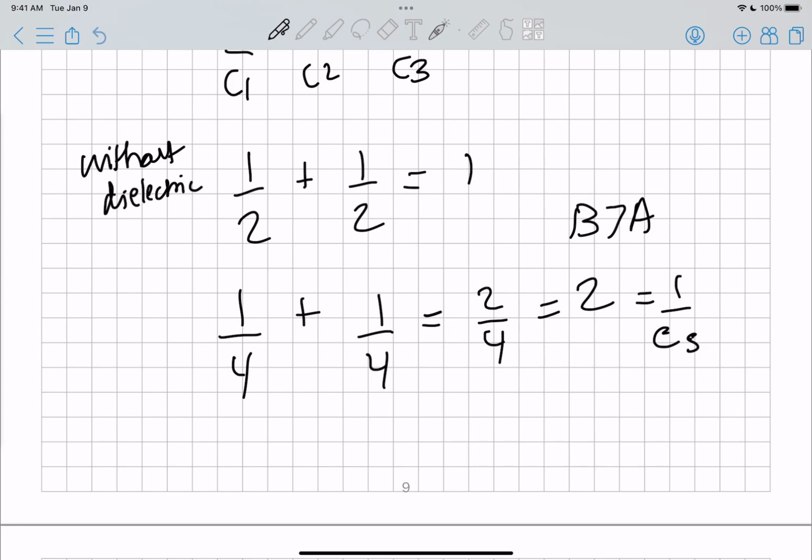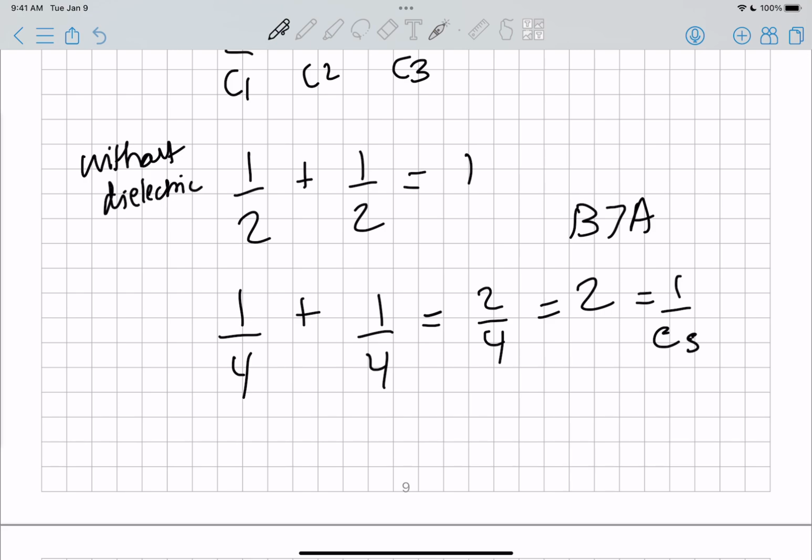Now, are B and A greater than or less than C and D? B and A are less than, exactly, right? Because adding up the reciprocals of the capacitances will get you a lower number than if you just added up the capacitances normally. And that's what you do for a parallel set of capacitors.